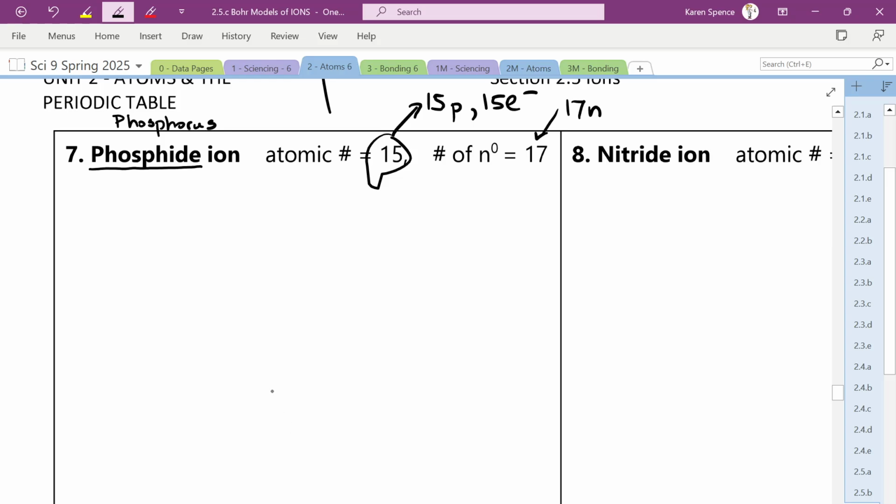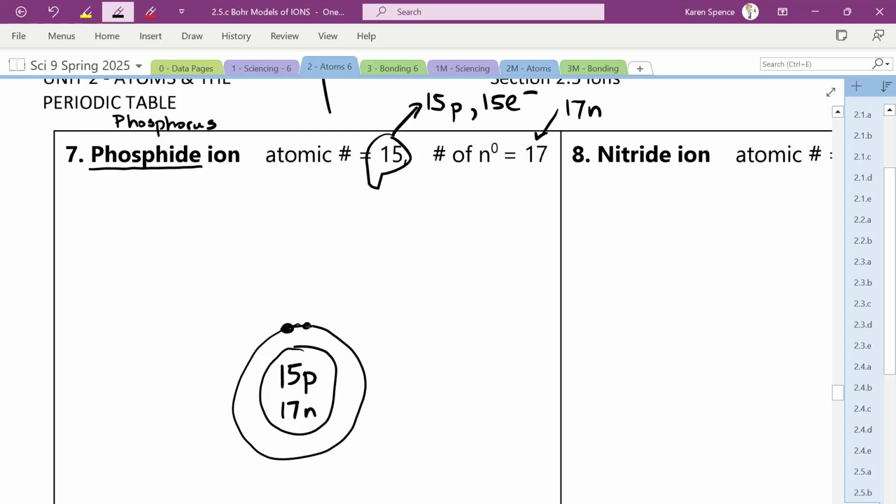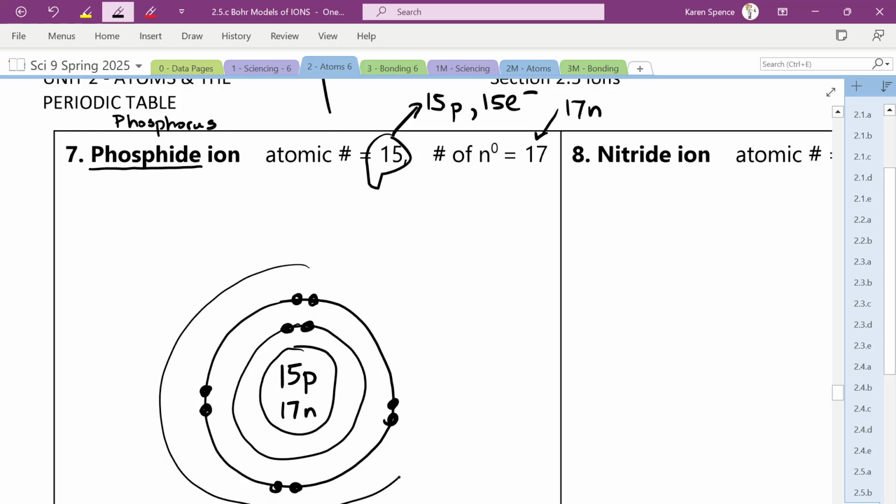So, 15 protons, 17 neutrons, and now we fill in 15 electrons. 1, 2, 3, 4, 5, 6, 7, 8, 9, 10, 11, 12, 13, 14, 15.